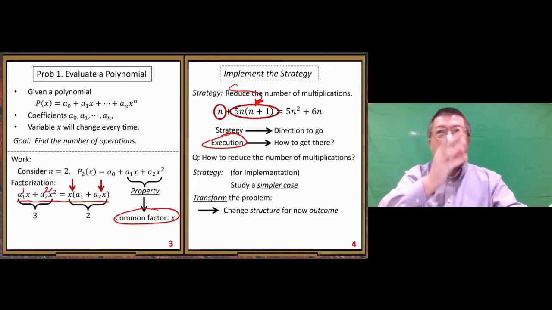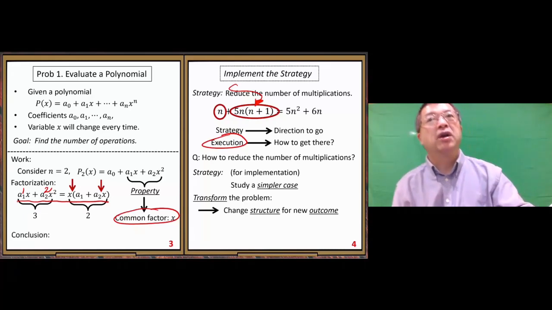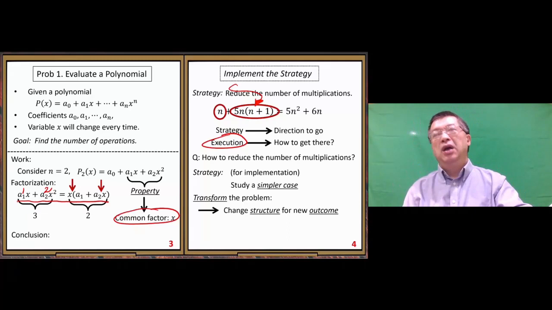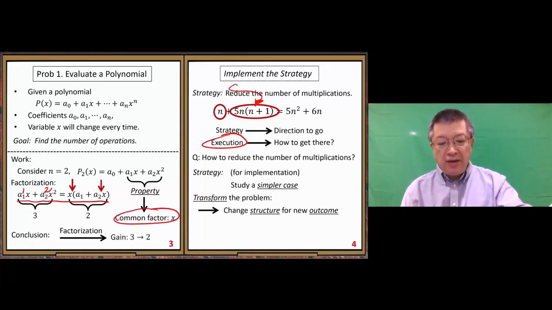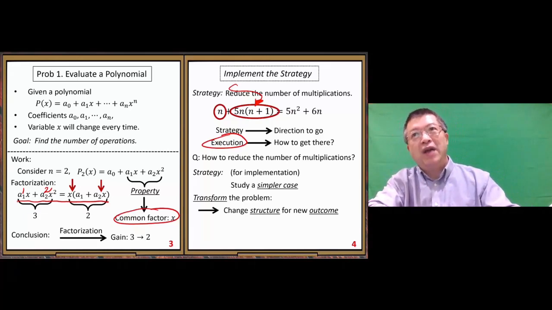So now we can get our conclusion from this work. What is the conclusion? Factorization helps us make a gain from 3 multiplications to 2 multiplications. That's the gain we enjoy.